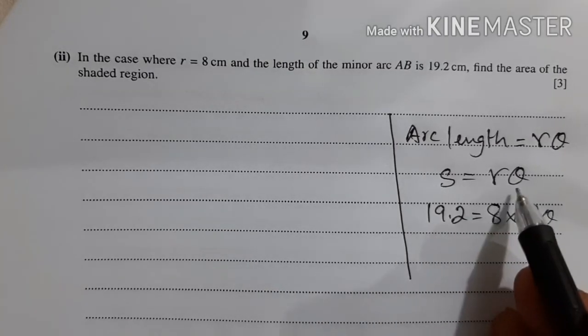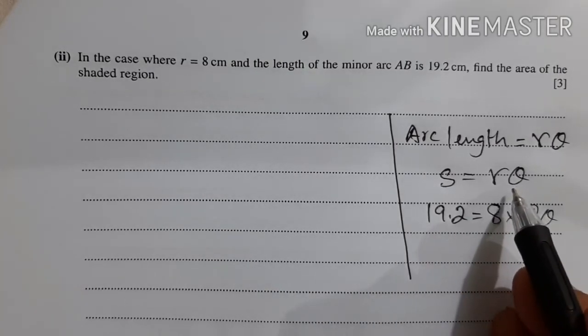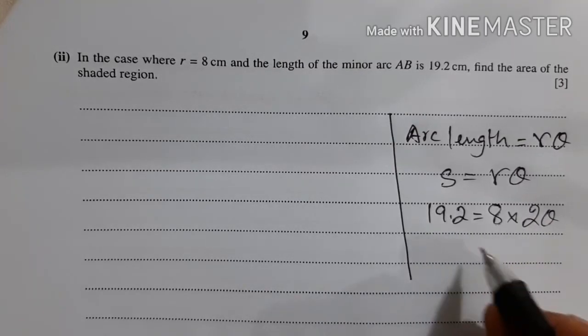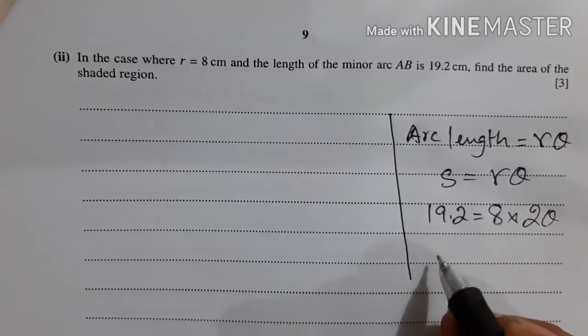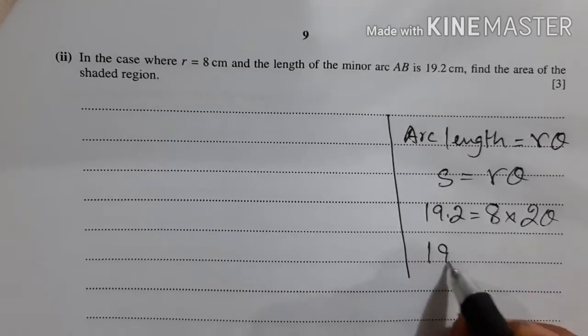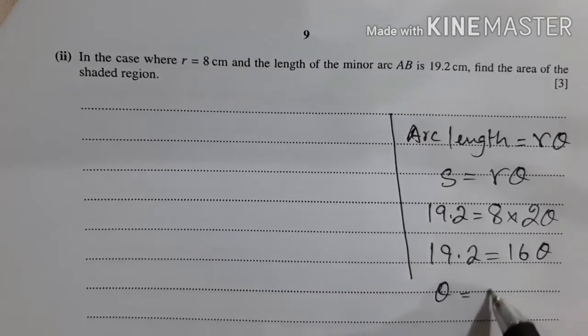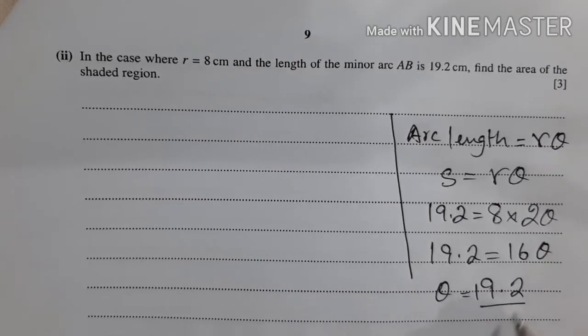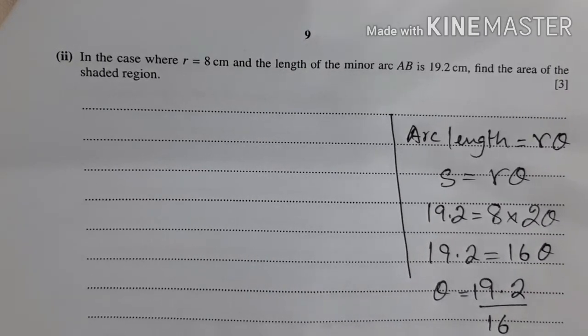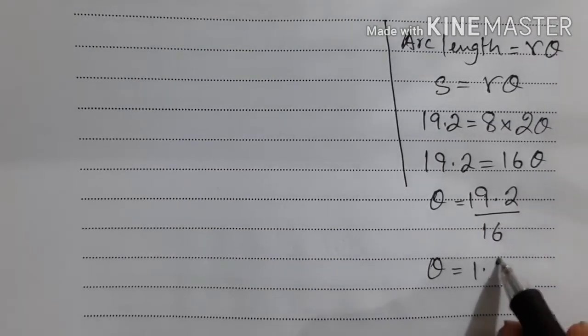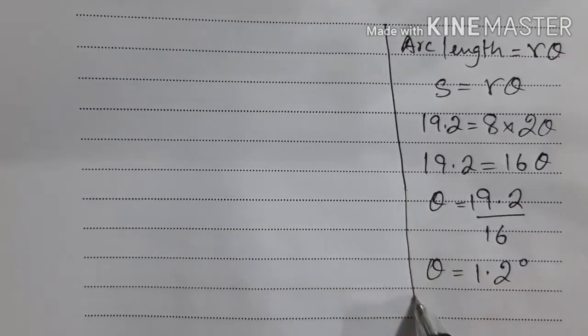So be careful with this, because this theta means the angle of the sector, which is actually 2 theta. Now this will become 19.2 is equal to 16 theta, or theta is equal to 19.2 over 16. So theta will be 1.2 degrees. This is the theta.